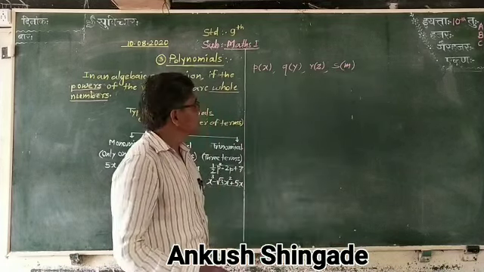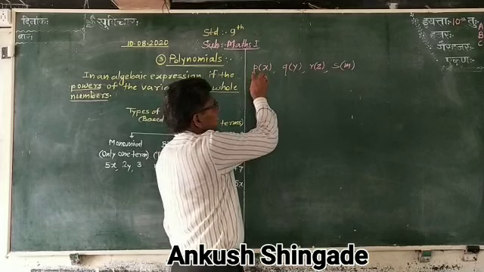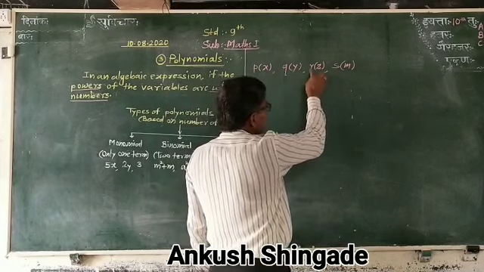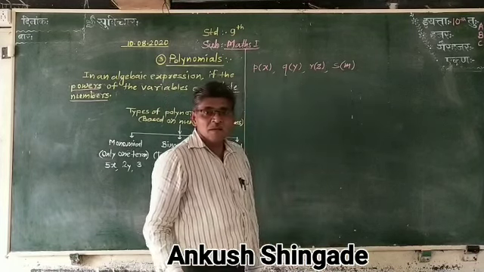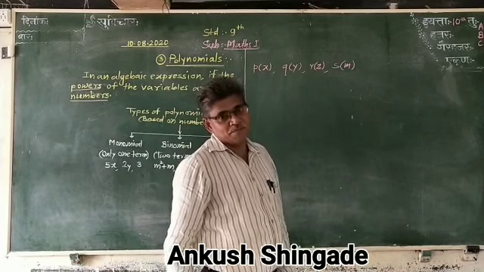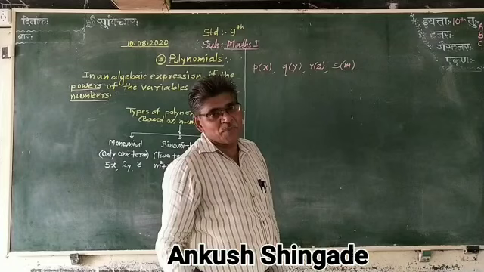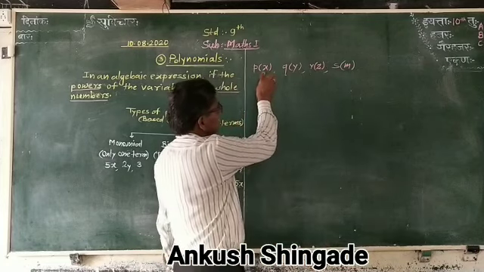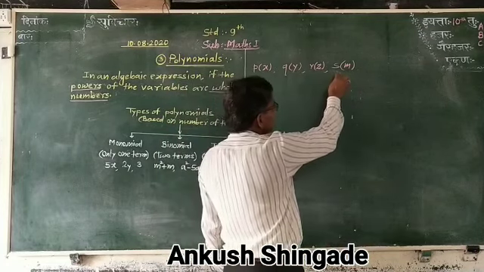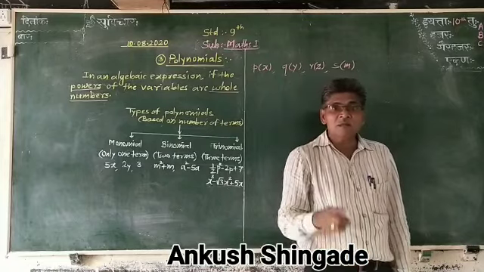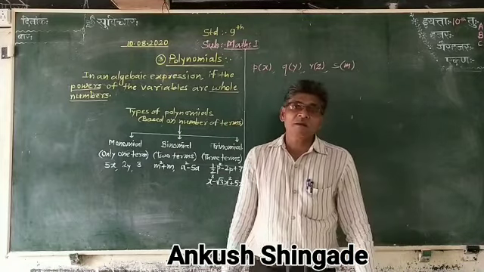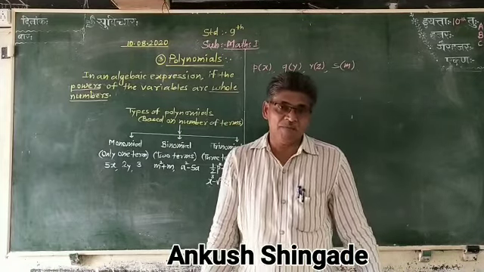Friends, here p, q, r and s stand for polynomials, and the letter shown in the bracket, that is x, y, z or m, is the variable of such polynomial.